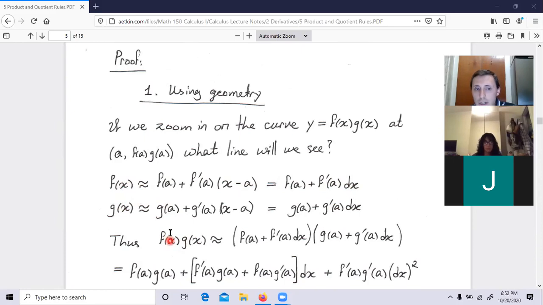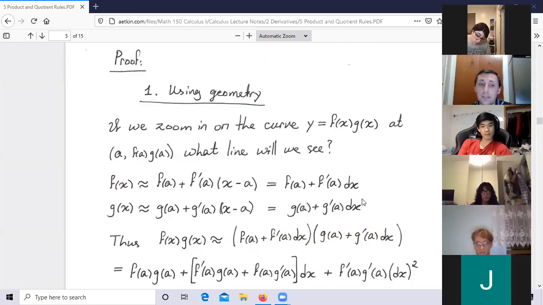If x is very close to the point a, then f of x can be replaced by its stand-in, and g can be replaced by its stand-in, by its linear approximation. Are you getting what I'm doing, guys? Instead of carrying out the multiplication with those prima donna functions, I replace my actors by their stand-ins to carry out the dirty work. My goal, guys, do you remember my goal? My goal is to imagine what sort of line I will see and to figure out what slope I will see.